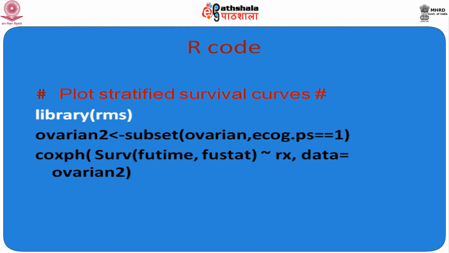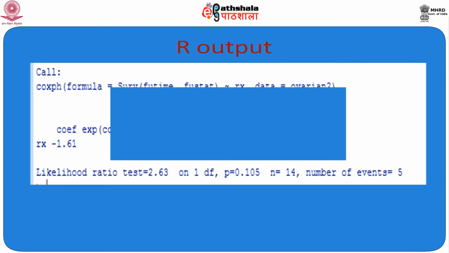Now, again we will go for the coxph function. Within the parenthesis we put the Surv function with time and status, and Rx, that is treatment, and we assign data equals ovarian 2. This function will give the stratified analysis.